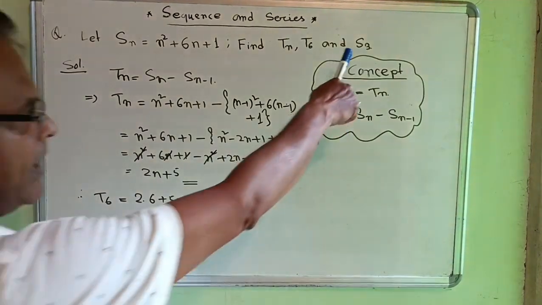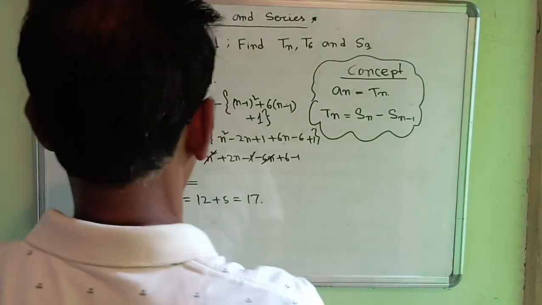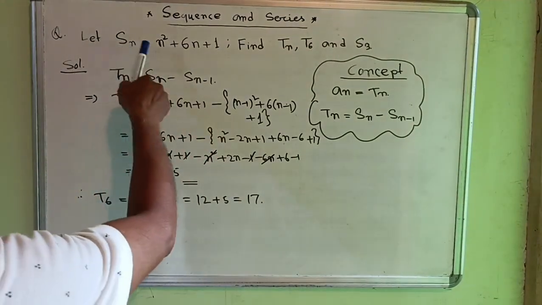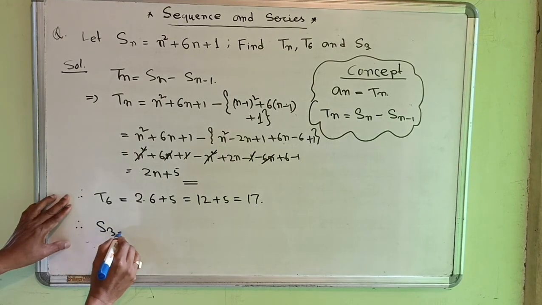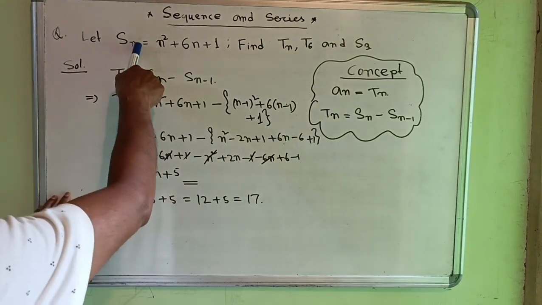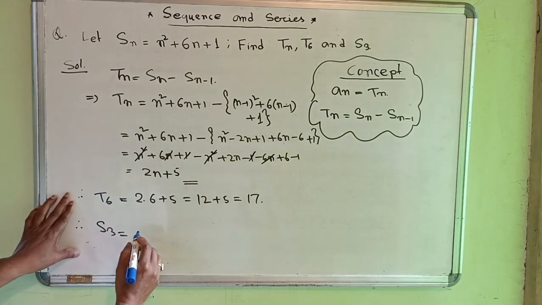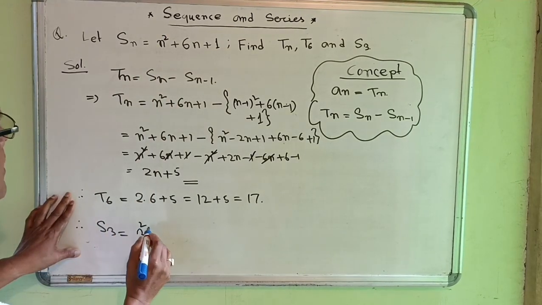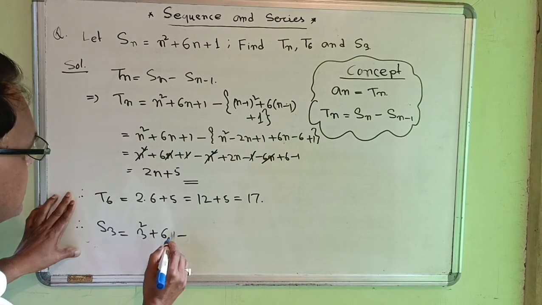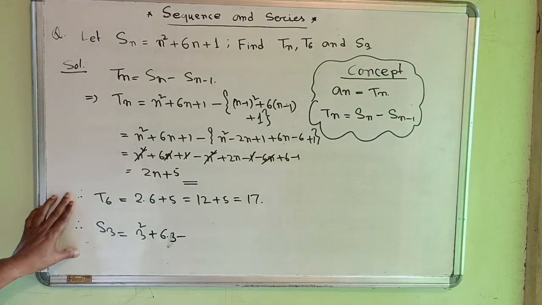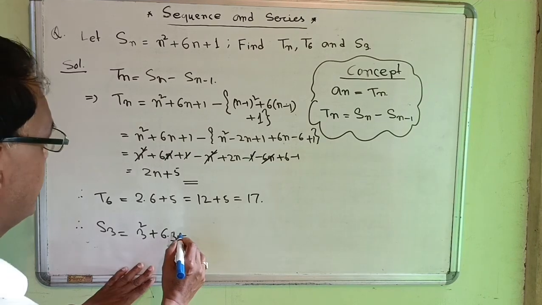And next we have to find S3. Sn is given, so S3: put n equal to 3. Then we get 3 square plus 6n, 6 into 3, sorry, plus 1.